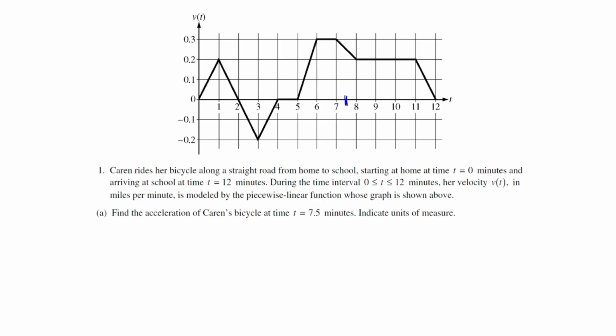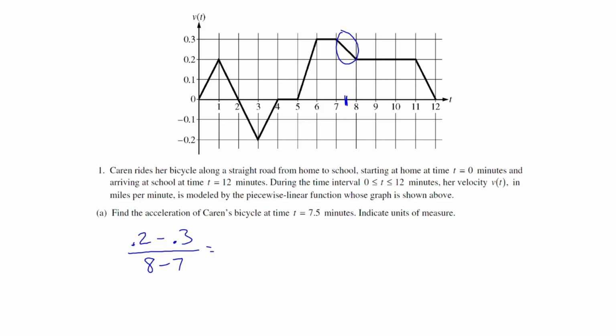And so her acceleration is just the derivative of velocity, which is the function that we have graphed. So the derivative of velocity is just going to be the slope of the velocity curve. In other words, we just need to find the slope of this piece here. Well, we can just do y2 minus y1. We start at 0.3 and we finish at 0.2. So we'll do 0.2 minus 0.3 divided by 8 minus 7.